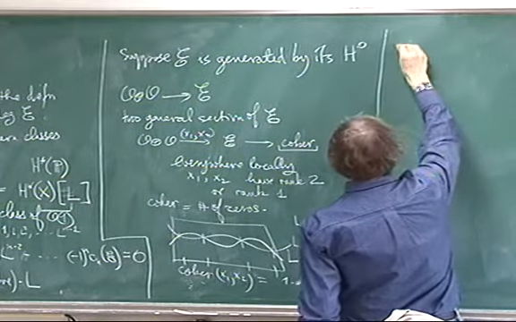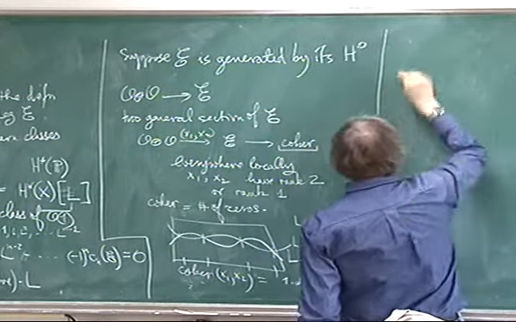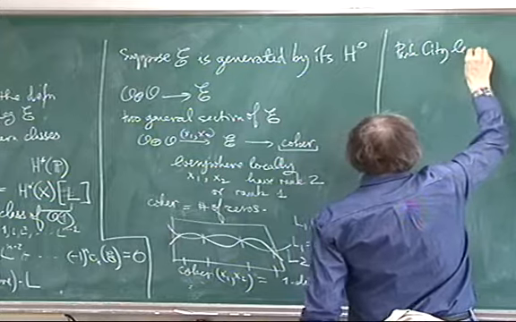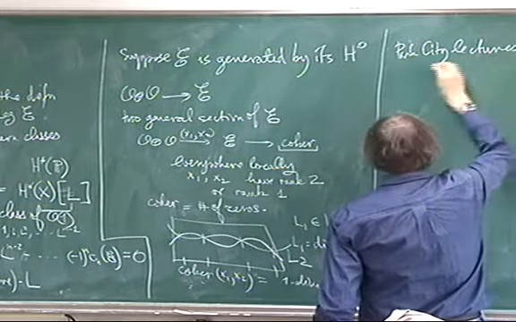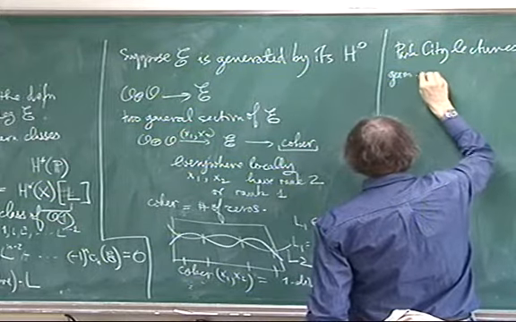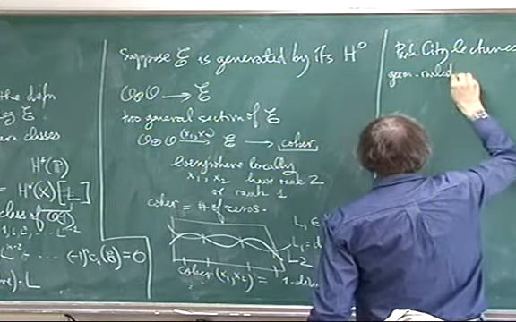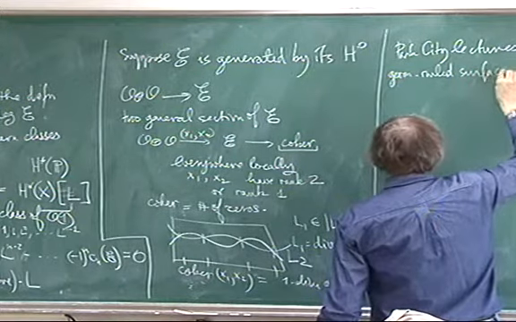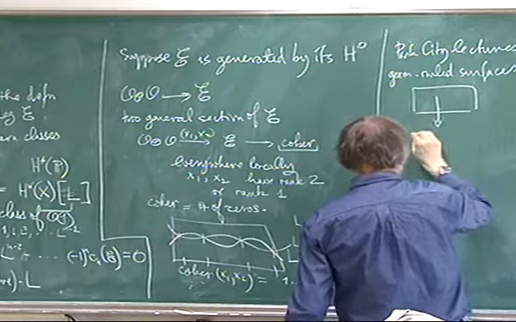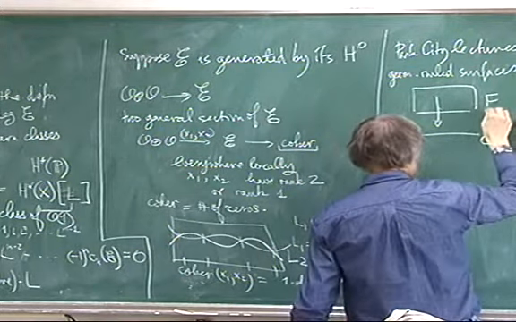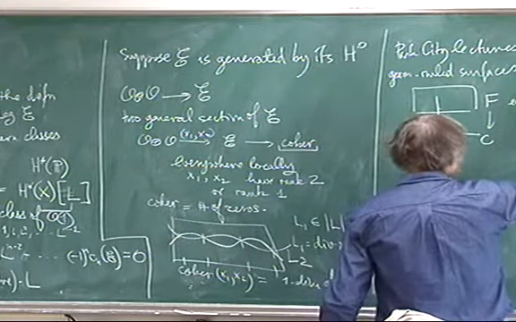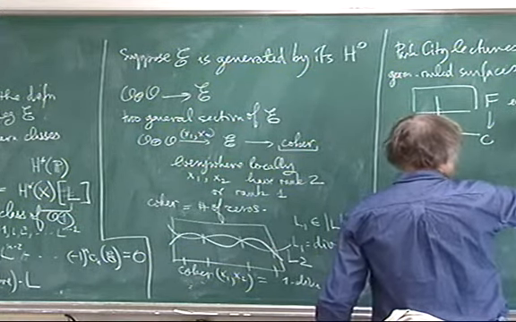So, you know, if you want to look at Park City lectures, then I have this little discussion of geometrically ruled surfaces. So I have a surface that looks like this with a map down to C. I have F down to C, and every fiber isomorphic to P1.